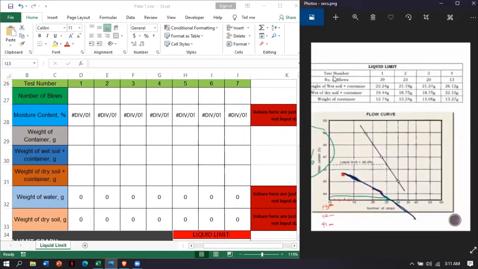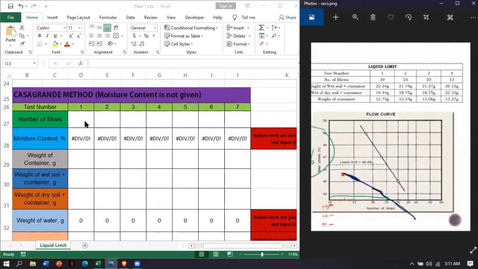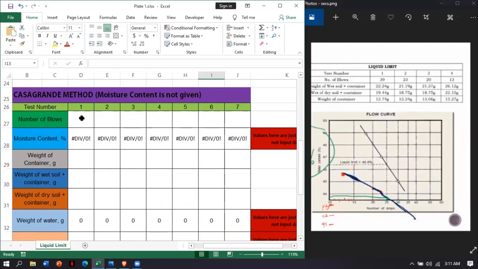There are four tests, so our example only goes up to four; it does not reach 5, 6, and 7. First, the number of blows is 39, 23, 20, and 13.